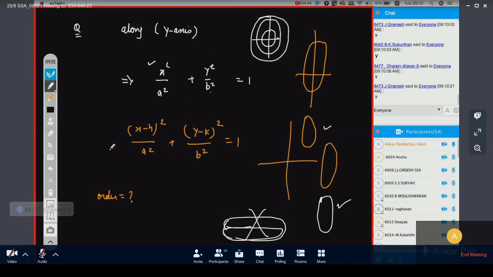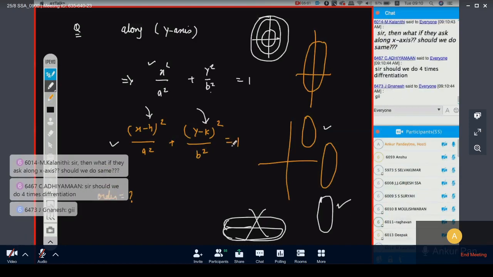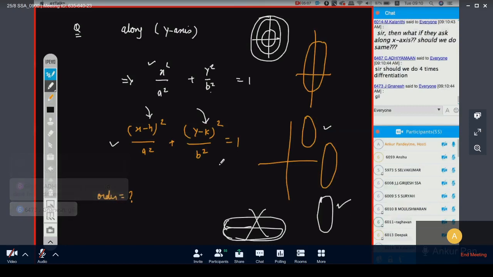Then it will be a random center, h comma k. That means now in this equation there are four arbitrary constants a, b, h and k. Hence the order of the differential equation will be 4. If they are saying only along x-axis, then same thing, no difference. Clear?